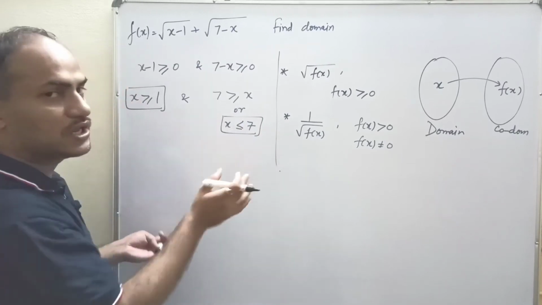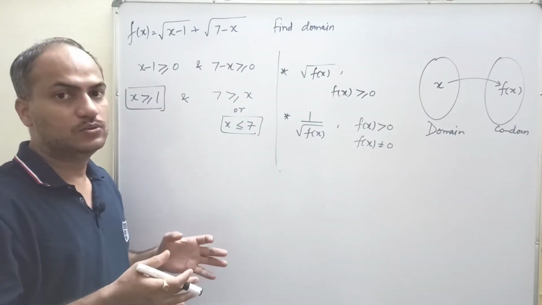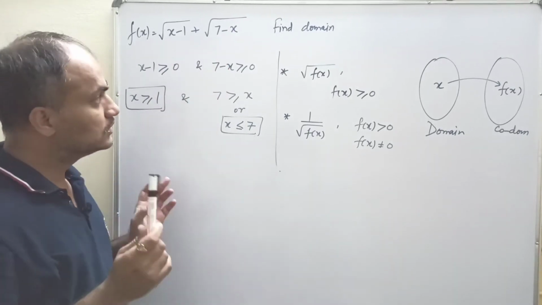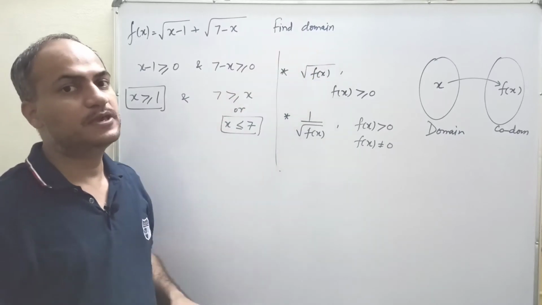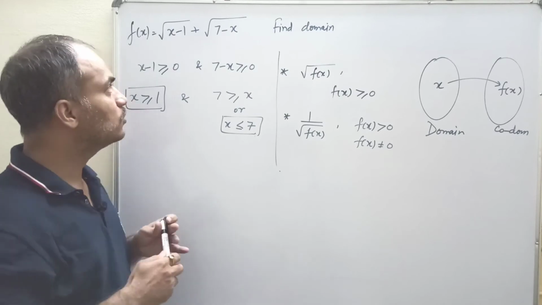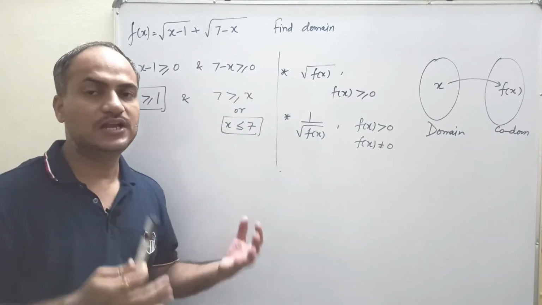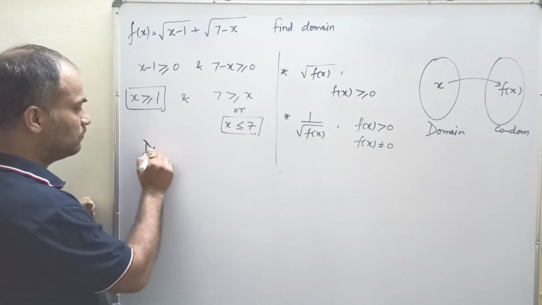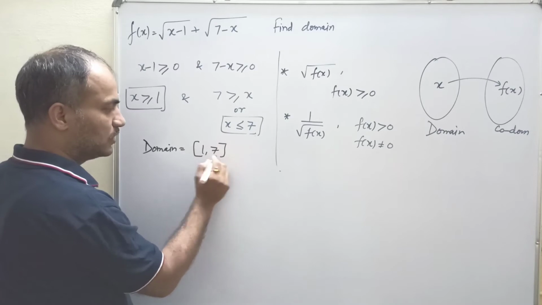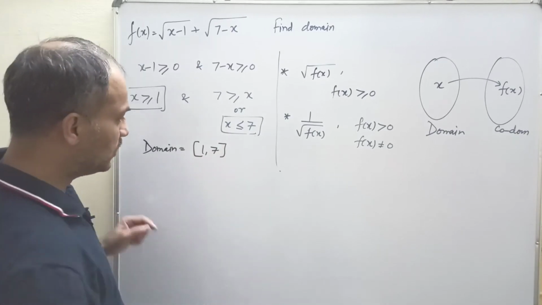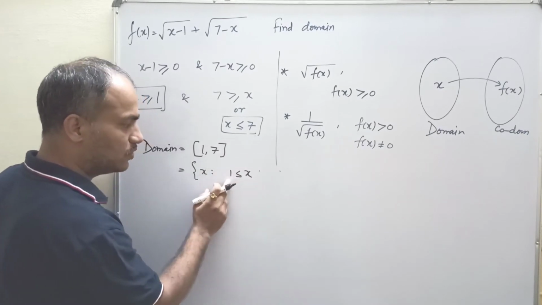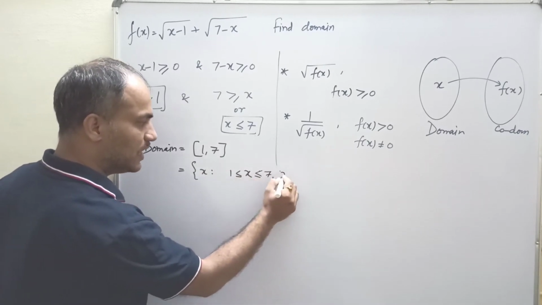Just combine these two conditions. So what is the common value? Whenever there are two different terms or different functions, then the domain will be the common value of those functions. Whatever value can fit in both of them, that will be the domain. We get the common value, it means the domain of the function is the closed interval 1 to 7. We can also write domain is equal to x such that x is greater than or equal to 1 and less than or equal to 7 and x belongs to R.